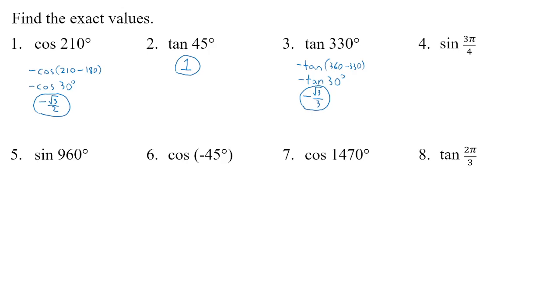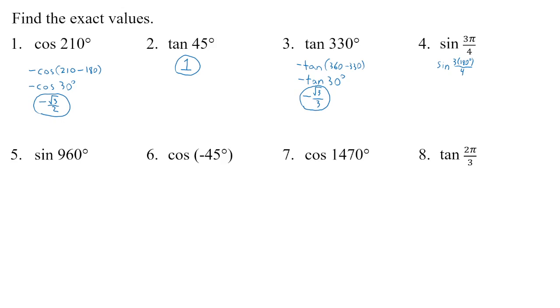All right, number 4, we have sine of 3 pi over 4. Now, 3 pi over 4 is in radians, so we need to convert that to degrees. And to do that, we replace pi with 180 degrees. Now, I know what some of you are probably thinking.